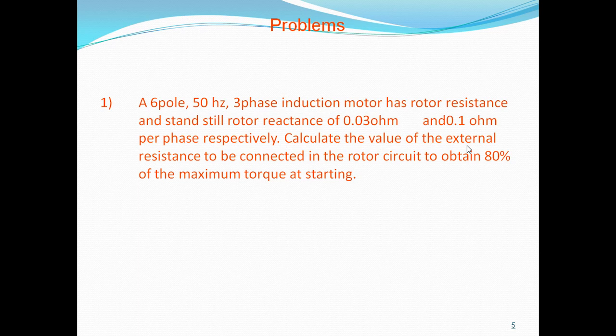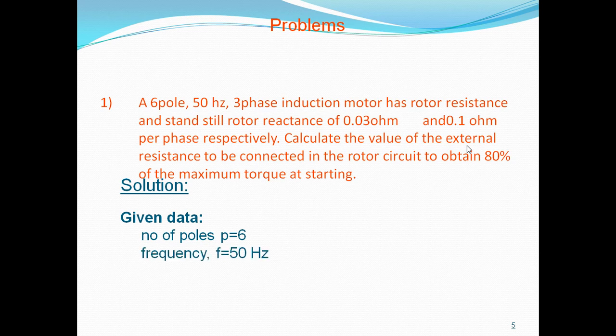So this is the condition. First we will write the given data. Number of poles P is equal to 6 and frequency f is equal to 50 Hz.